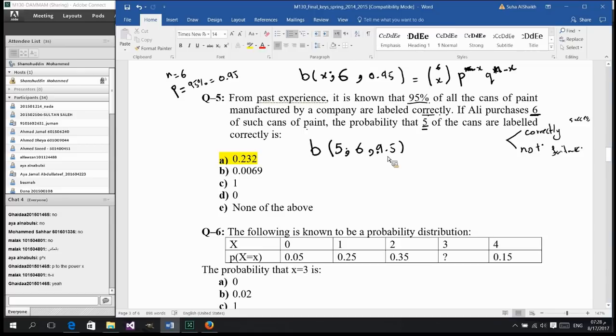So the binomial here, calculate the value, get the result, and this is the result that you will get. You can get this equal to 6 choose 5 times 0.95 to the power 5.